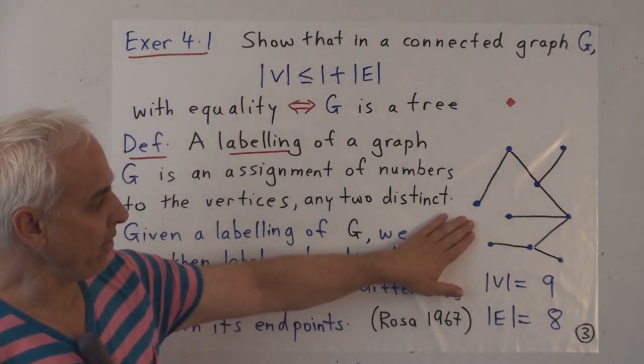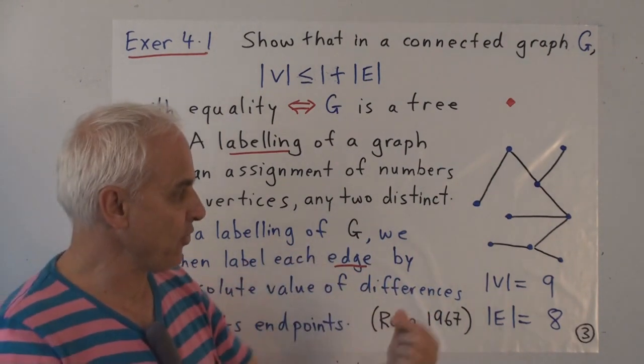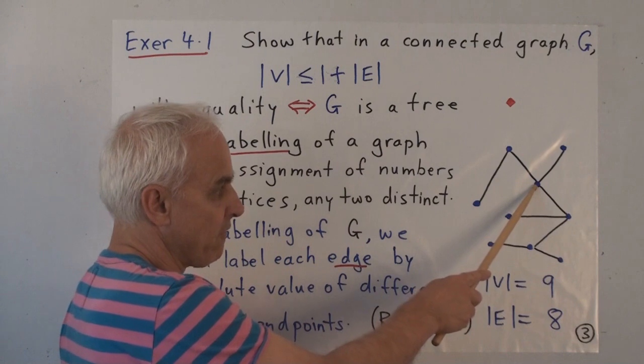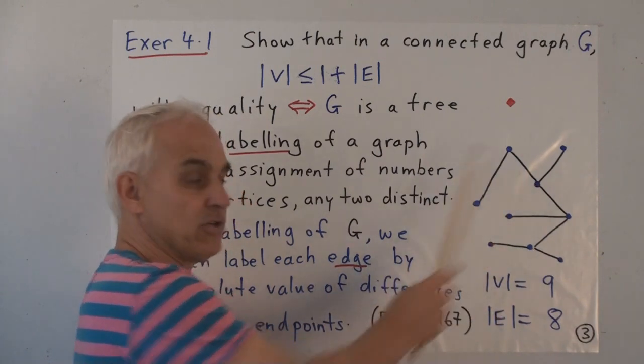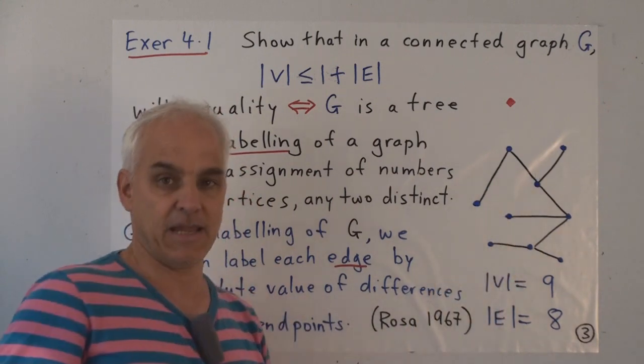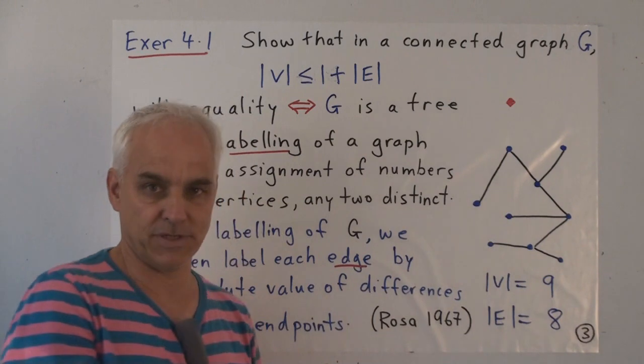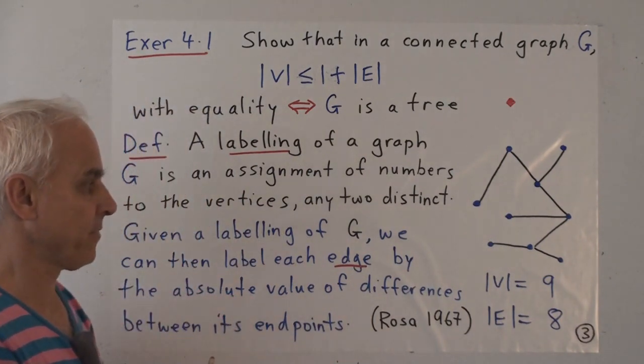For example, here, this is a tree because there are no cycles. You can't go from any vertex back to itself with a path unless you go and then come back along the same edges. There are no paths that loop around, coming back to where you started from.